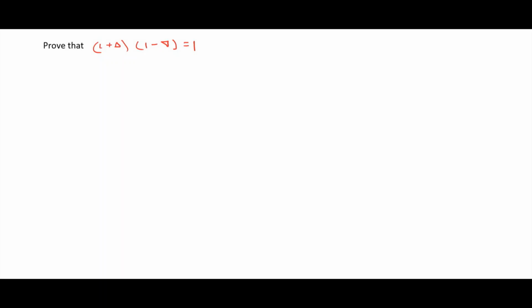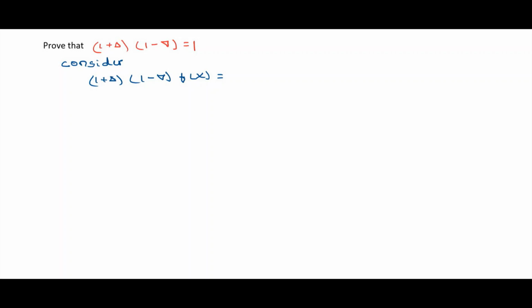Okay. To prove this, let us consider the left hand side, 1 plus delta into 1 minus del, and I will operate f of x here. Let us consider this f of x.